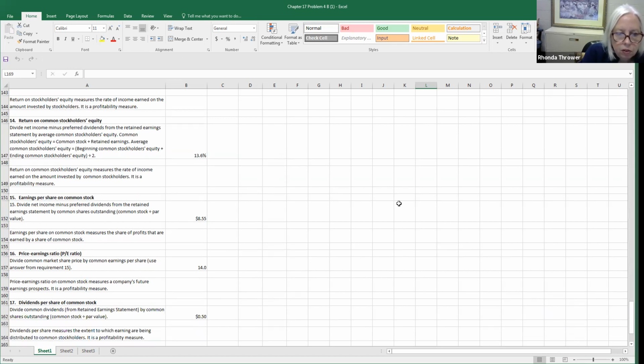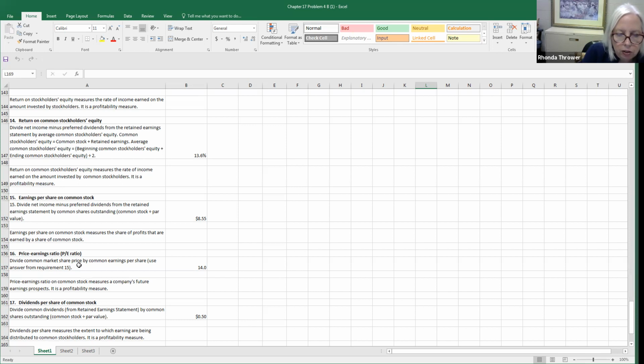The last two profitability ratios that we're going to be looking at are price earnings ratio and dividends per share of common stock. So the price earnings ratio we're going to look at first. And what we're going to do is we're going to divide the common market share price, which is given.